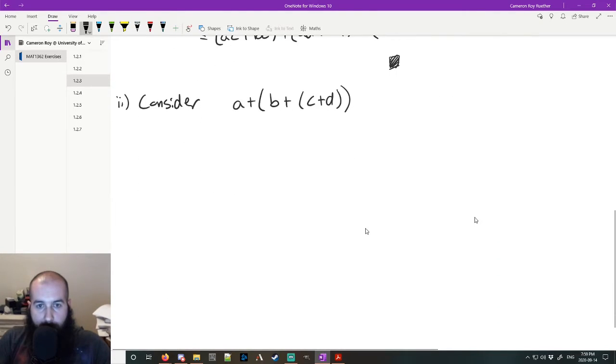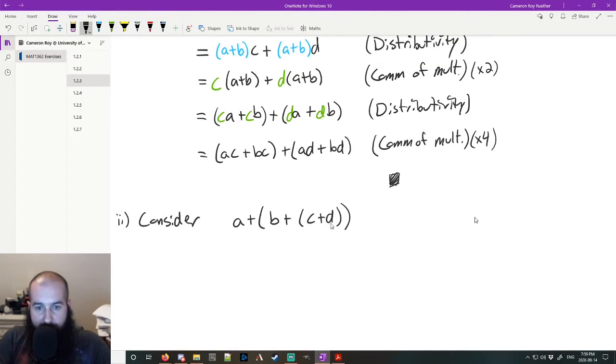So the way I want to think about this is first as c plus d as just being one number. So I'm going to erase that. Give it a color. And now we have 3 things, and I want to use associativity to move the brackets from around the last 2 to around the first 2.